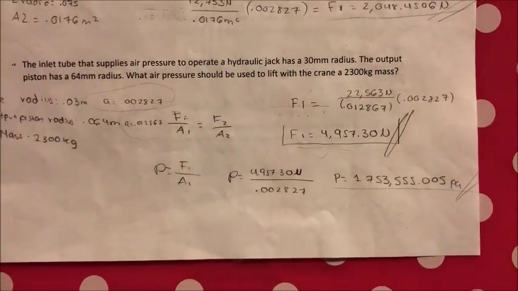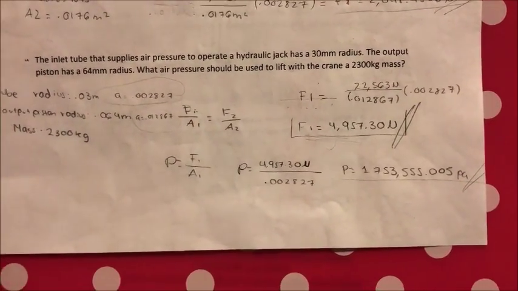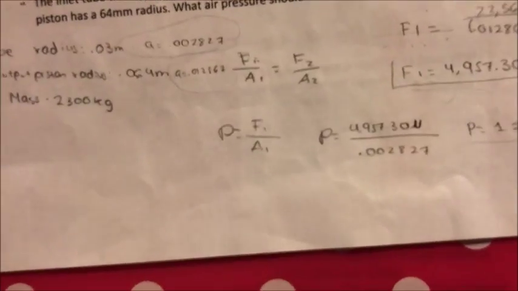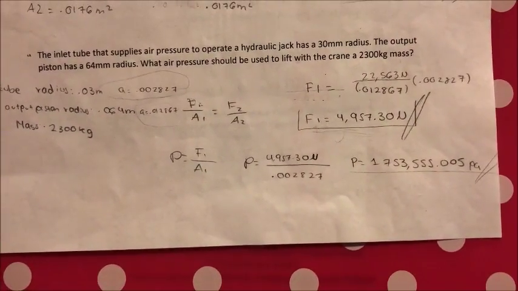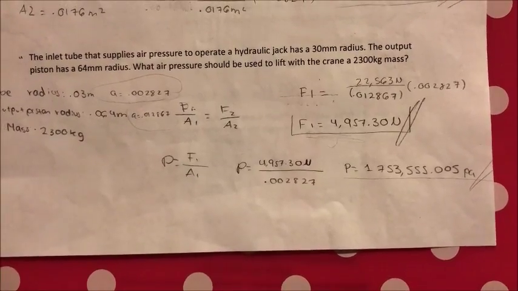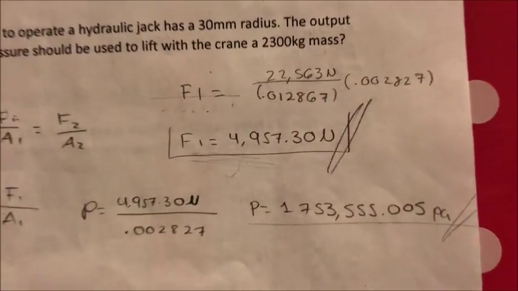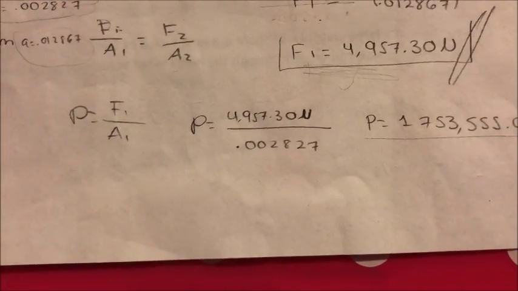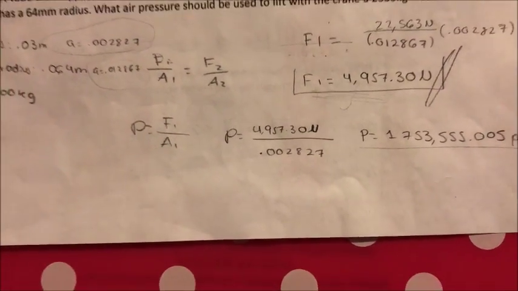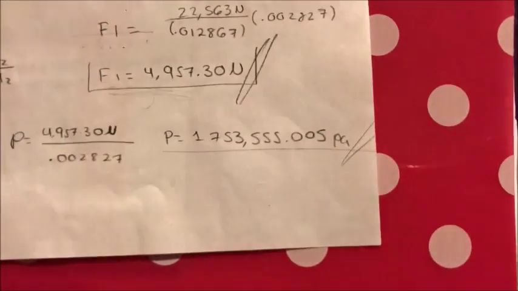But now we also have to get the pressure. The pressure we can get with this formula, that is pressure equals force 1 over area 1. So we put force 1, that is this, over the area 1, that is 0.002827 meters square. And that gives us this pressure.